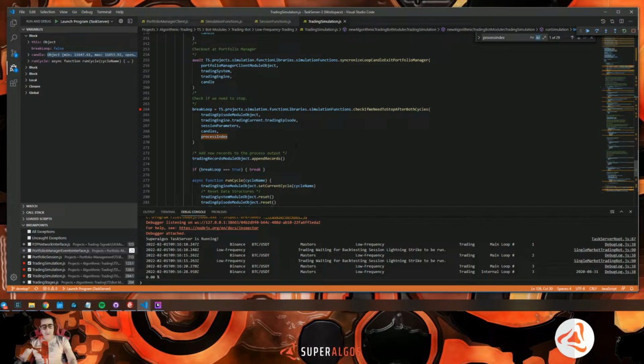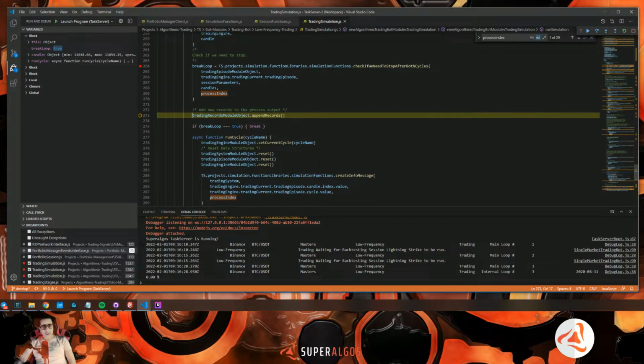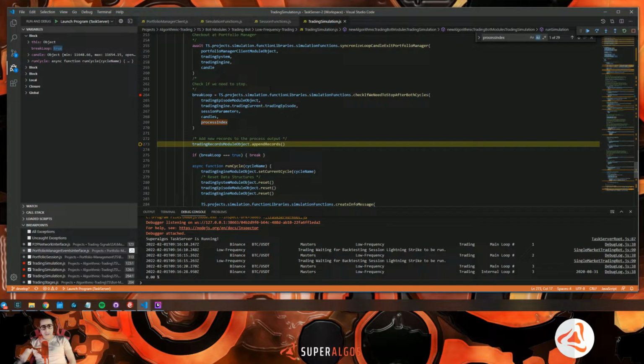We will see. Okay, so here the guy is forced to break the loop. That means that something is happening here. Okay, we need to run this again.